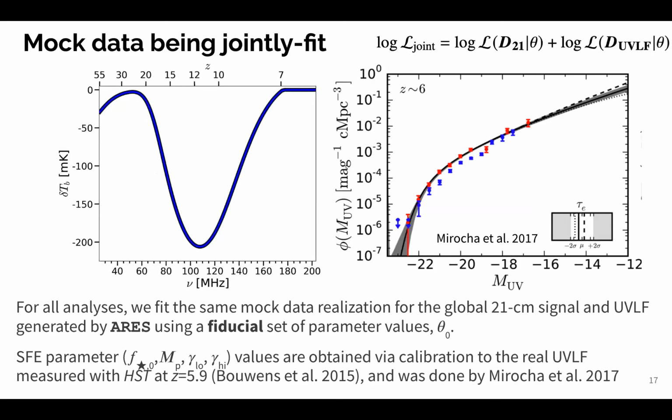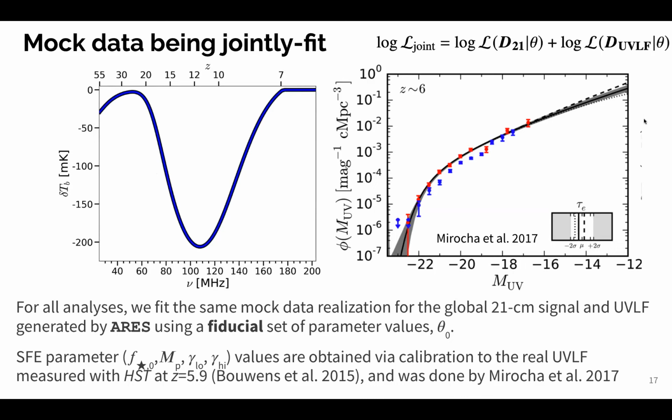I've talked all about the mock data that we're fitting, but I haven't shown it. So here it is. On the left is an example of global 21 centimeter signal produced by Aries using those fiducial parameter values. That's the blue curve here, where we see the dark ages trough at high redshifts, then this is the cosmic dawn trough, and then reionization.